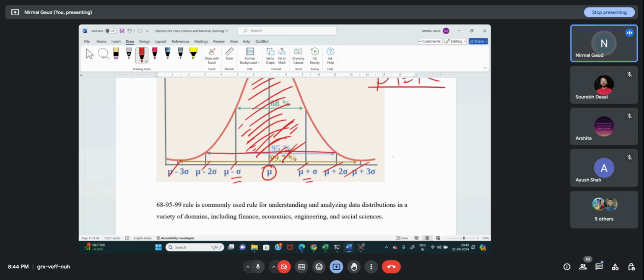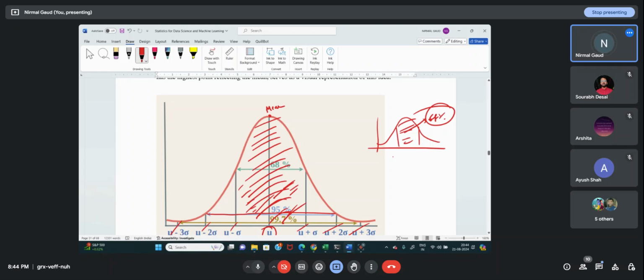So mean we are taking as a reference, and we are talking about how much data is present around the mean, across the mean, left hand side, right hand side also, because we are referring to this plot as bell shape, symmetric. We work according to our parameters nu and sigma, because the entire formula of normal distribution is based upon this only.